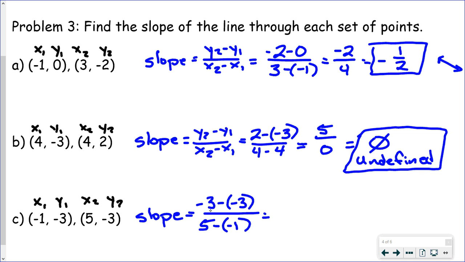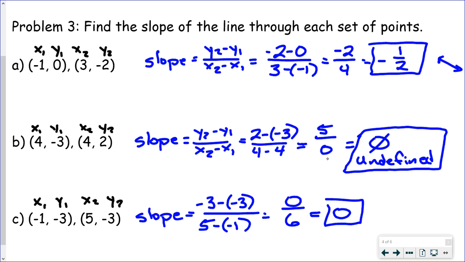And negative 3 minus negative 3, that's the same thing as negative 3 plus 3. That's 0 over 6. You can have a 0 in the numerator. So 0 divided by 6 is just equal to 0. So the slope of this one is 0.